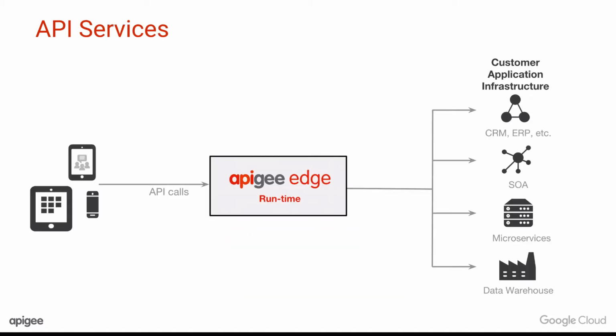So API Services is where we build our APIs. On the left-hand side there, we've got applications, maybe a mobile application, a web application, or a partner system. These applications make API calls. They send HTTP requests. Apogee Edge lets you pass the request straight through the backend system, or you can change anything in the headers, the URI, or the body. You can even do intelligent rate routing based on the caller.